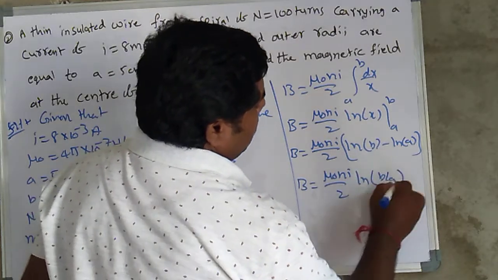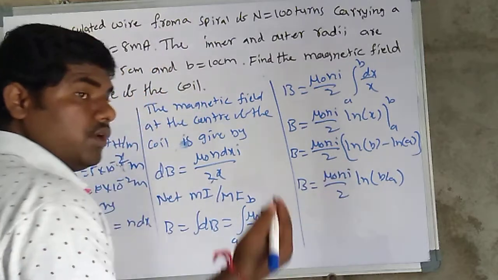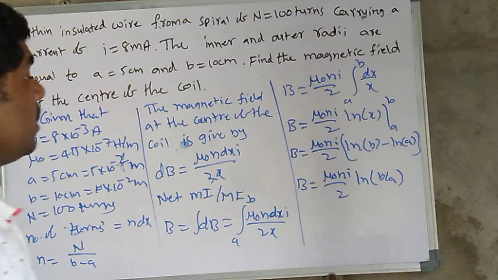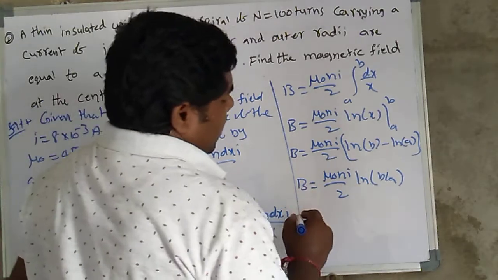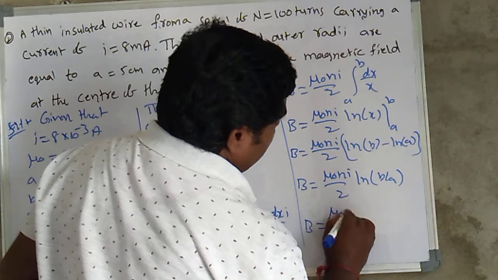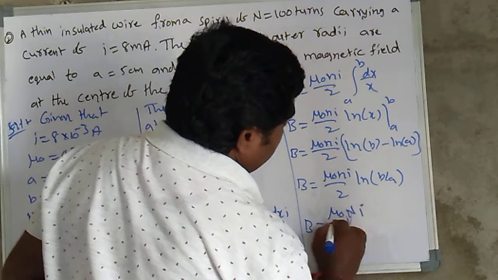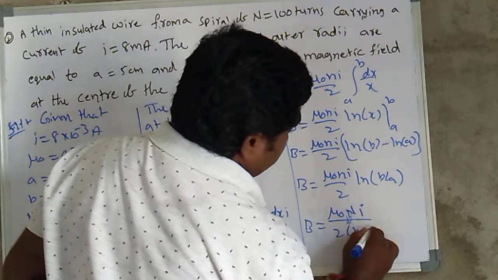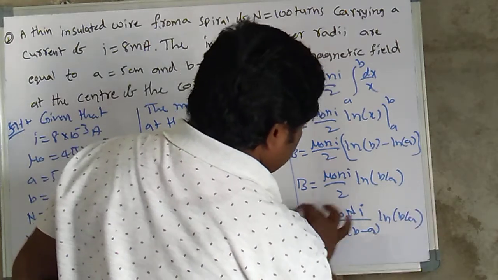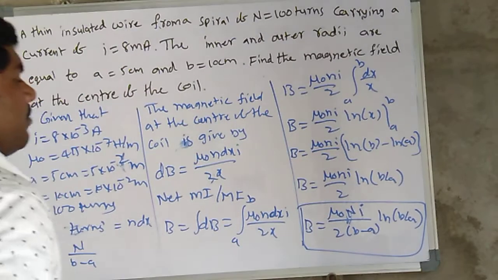So B is equal to mu naught n I divided by 2 into log of b by a. Here the small n value we don't know. Small n is equal to number of turns per the changing radii, so B is equal to mu naught capital N into I divided by 2 into b minus a into log of b by a. So this is the basic formula.